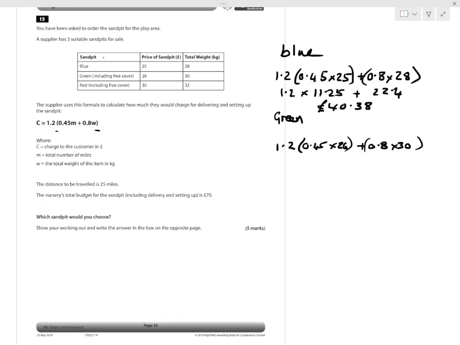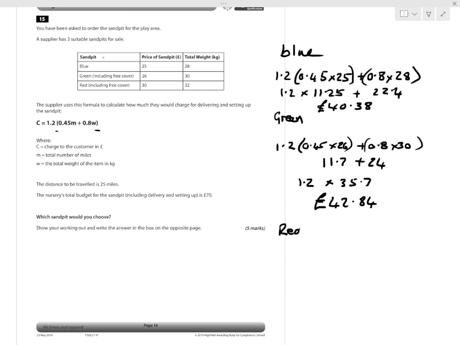So 0.45 times 26 is 11.7. 11.7 plus 0.8 times 30 is 24. So that's 35.7 times 1.2. 35.7 times 1.2 is 42.84. And we've got to do the red one.